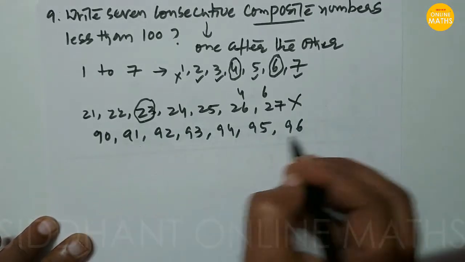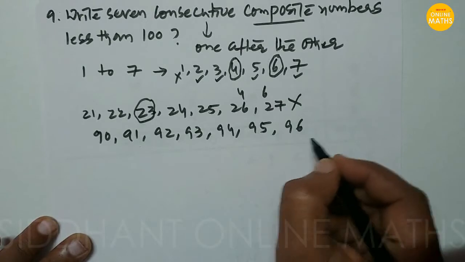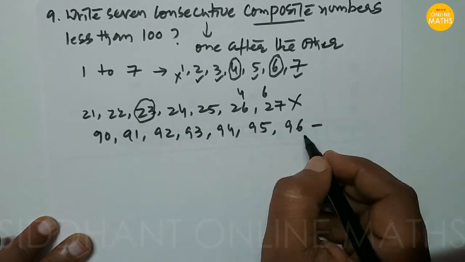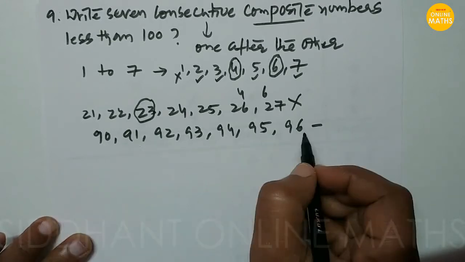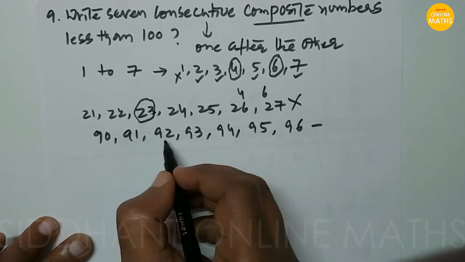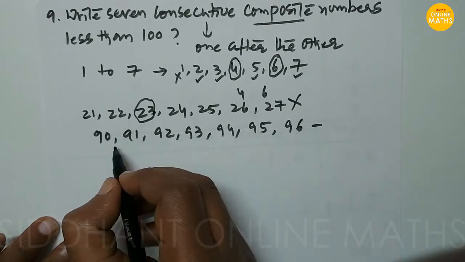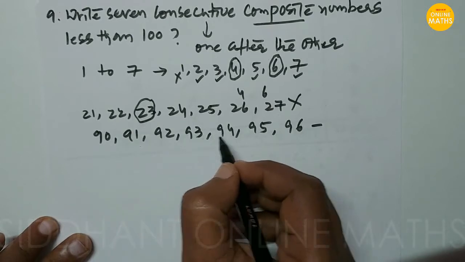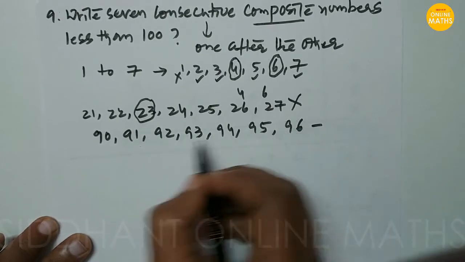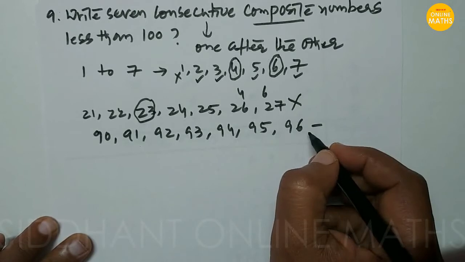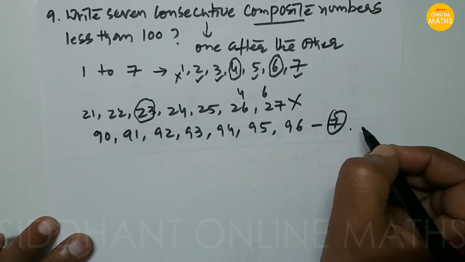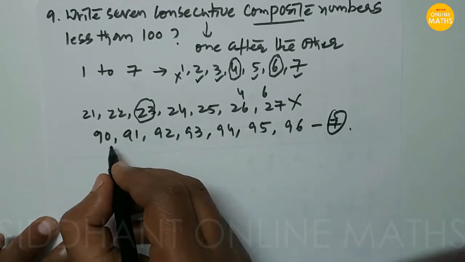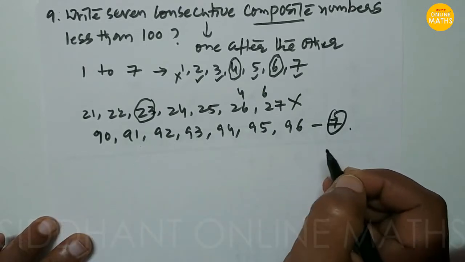All the 7 numbers are composite numbers, that means they have more than 2 factors, and they are consecutive, occurring one after the other. So this is the sequence we select from 1 to 100. Total 7 are there. The 7 consecutive composite numbers are 90 to 96.